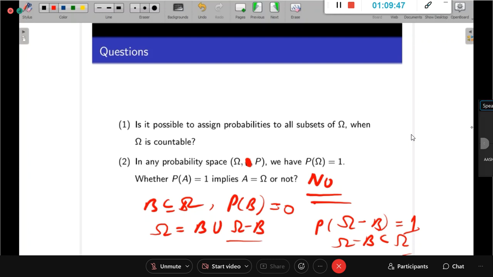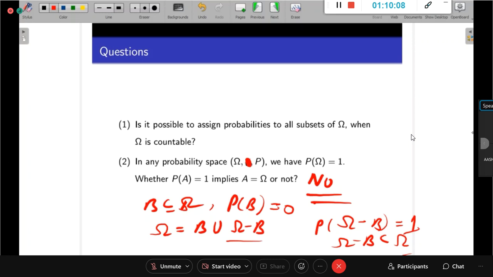No, you are not right, Pinak. If a certain thing has not occurred, it's not a part of omega. So, sir, I'm talking about, okay, you have to think more about it.